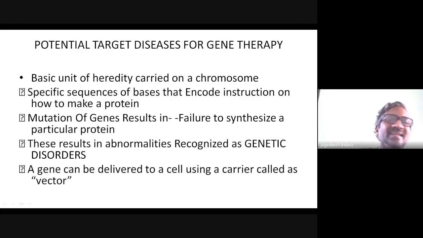So in that particular case, do I need to attack the entire chromosome? What is my potential target? Only the specific sequences of the bases I need to attack. Don't get confused that attacking the entire chromosome means you are altering your species and changing it and making him die. That is not our requirement. We don't want to make a human being into an animal. It is not required either.